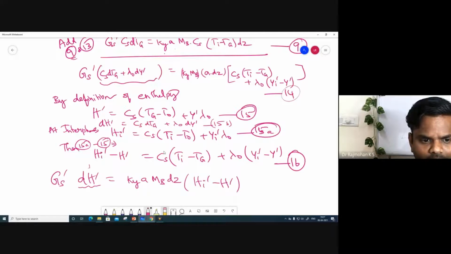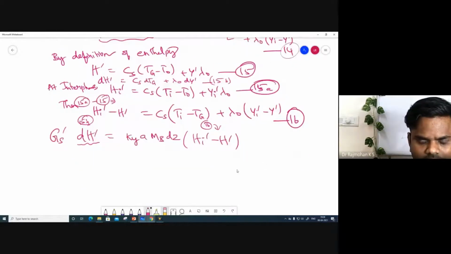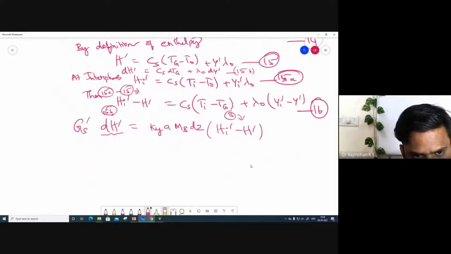From 15b I am writing this Gs' into dH'. Similarly ky mB a dz, this total term is coming out from this, that is Hi' minus H', from 15b, and this is from 16. So we have Gs' dH' is equal to ky mB a dz into (Hi' minus H'). What is ky mB?